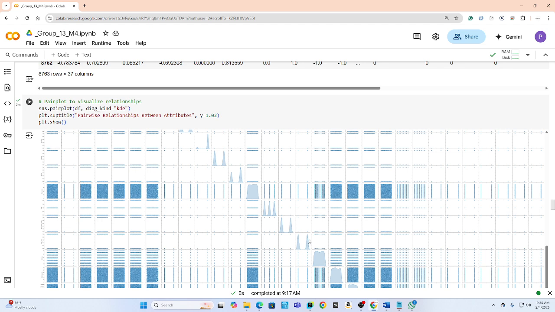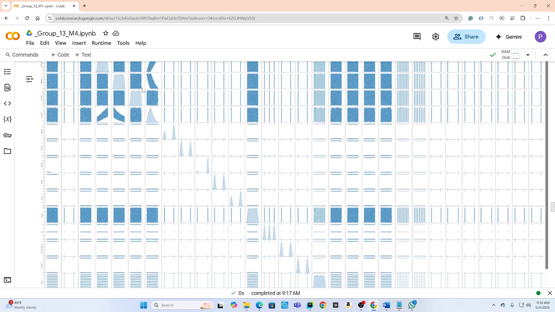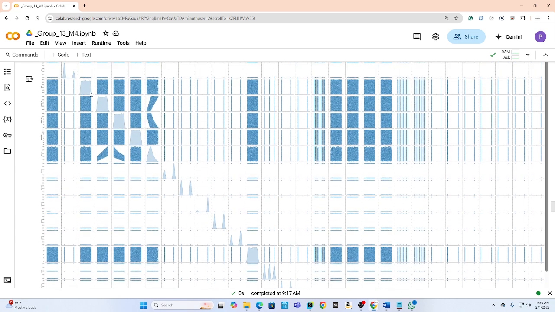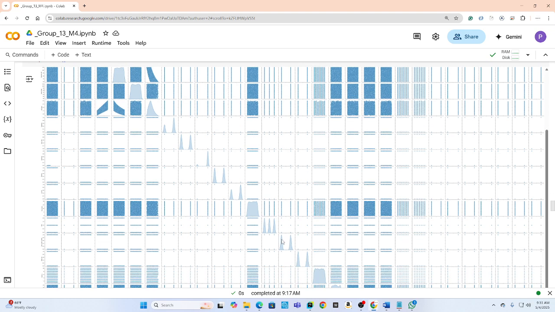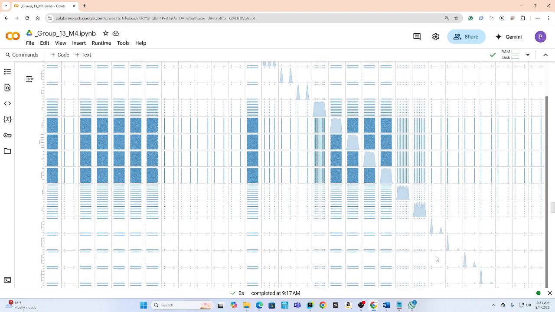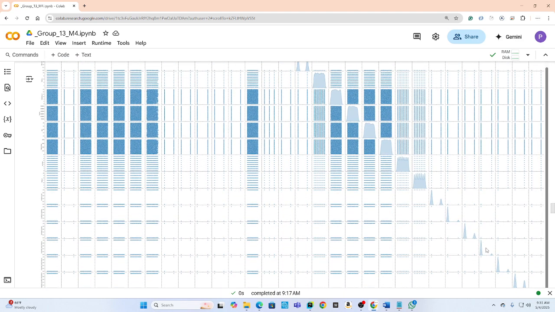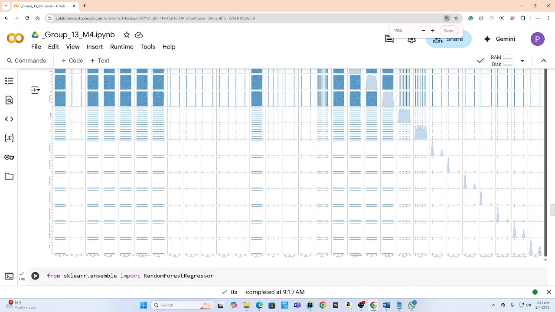We did the pair plot visualization of the relationships between all the data to understand the trend, and we can see the growth between the data, how the volume keeps increasing and shifting toward heart attack.